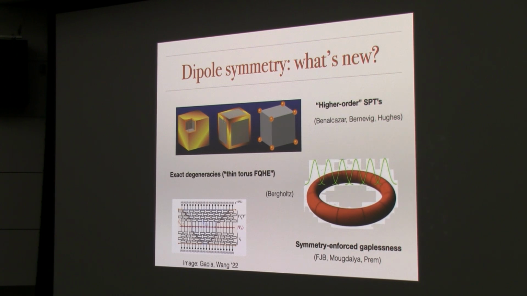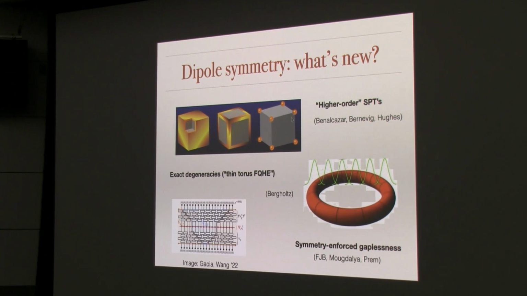So one example, and these are not systems with exact dipole symmetry, but if you take just a system of weakly interacting fermions, and you have a low energy effective theory with dipole moment conservation, we can go from systems that have conducting surface states, as was the case for a topological insulator, to systems that have conducting states only along, say, the edges separating two faces on the boundary, or even maybe they just have a little spin a half degree of freedom at each corner.